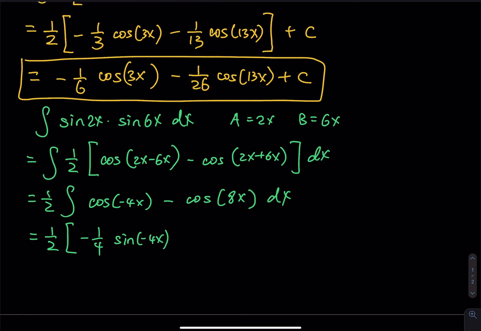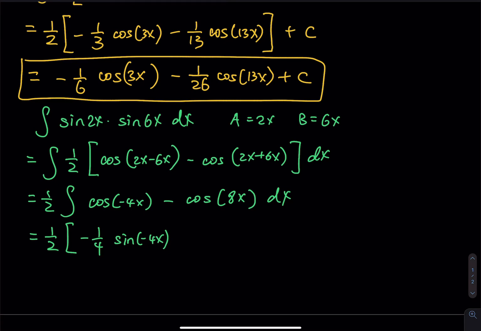When you take the derivative and check your work, by the chain rule the derivative of sine is equal to cosine, and you also need to take the derivative of the linear function negative 4x, which is equal to negative 4. The negative 4 will cancel with the negative 1/4. That's why you have to prepare an extra negative 1/4 in front of the sine.